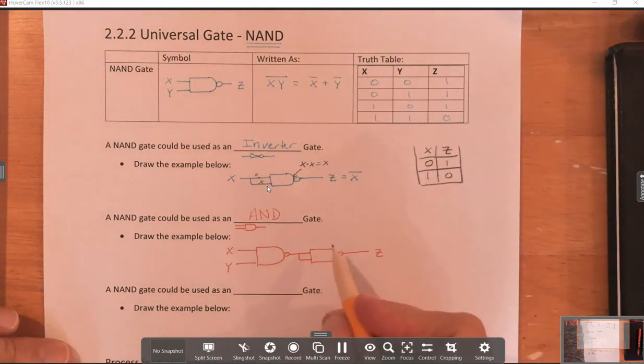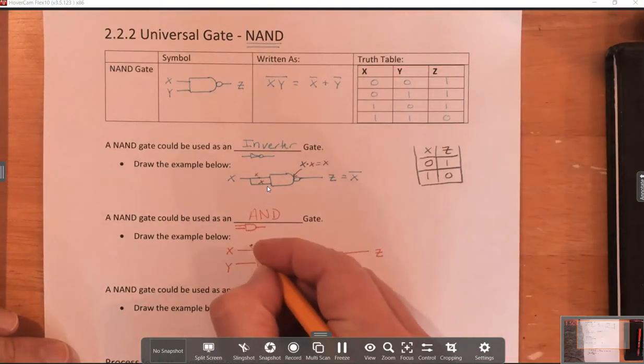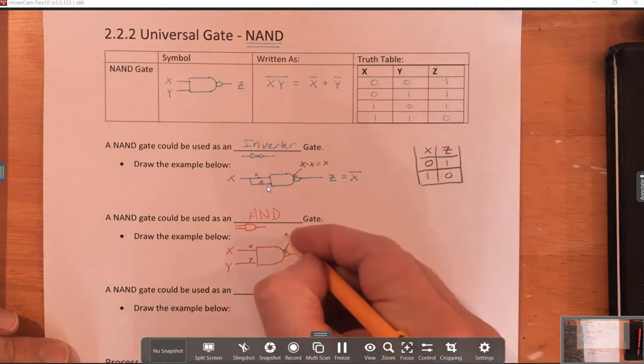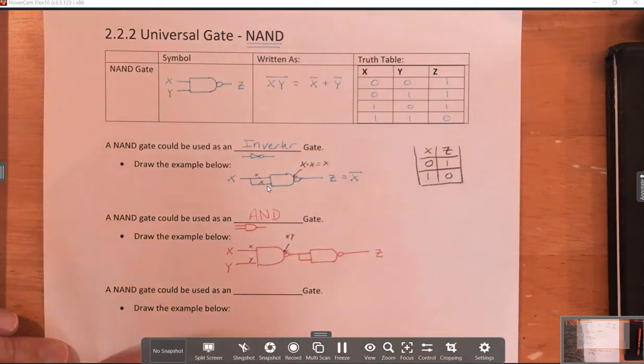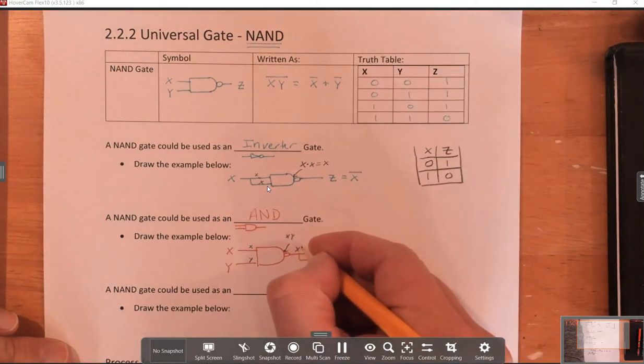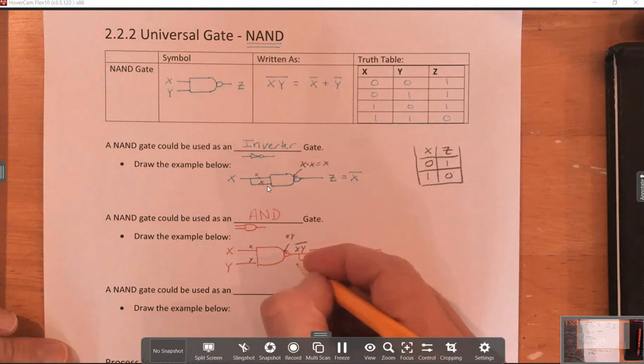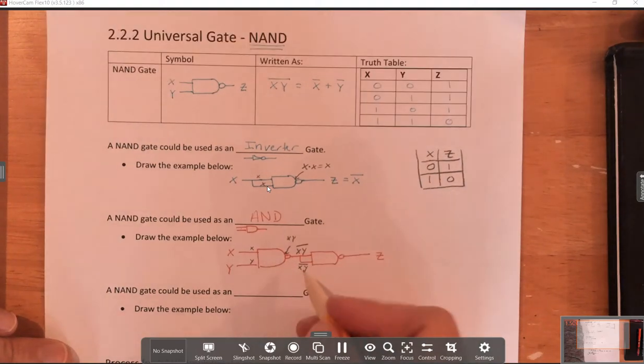And if you want to trace it through to make sense of that, we've got X, Y. Right here, after the NAND gate, we have not X and Y, which is then running twice, right? That value's branched in.